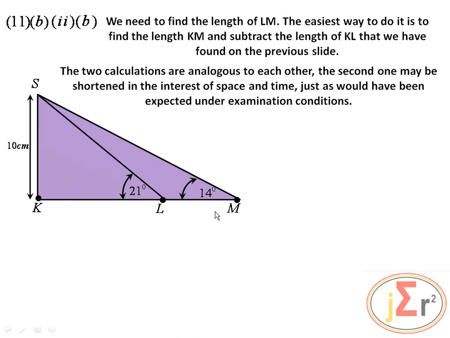So if we can find KM now, then the difference will be LM. In finding KM, we know that it is analogous to the one that we have done before. That means one may be used to help in solving the other.